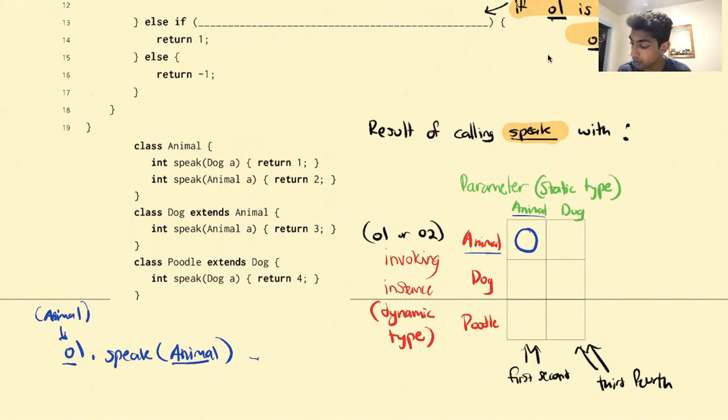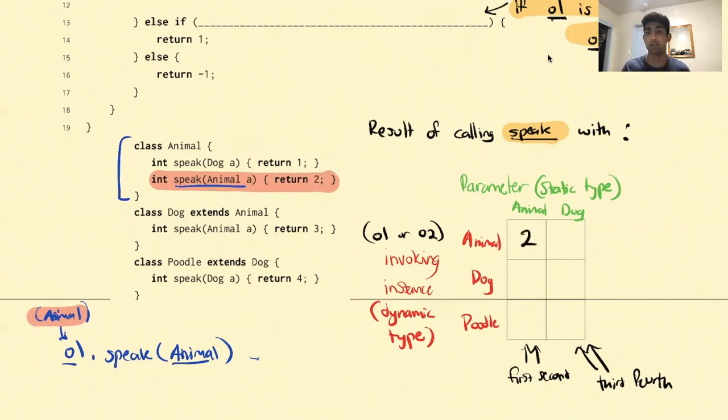Looking at this first possibility, if we do O1.speak(animal) and O1 is an animal, during compile time we will look in the animal class for a speak method that takes in an animal. Accordingly, we will lock in on this method signature. During runtime, we notice that O1 has dynamic type animal, so there's no dynamic method selection, and we will output 2.